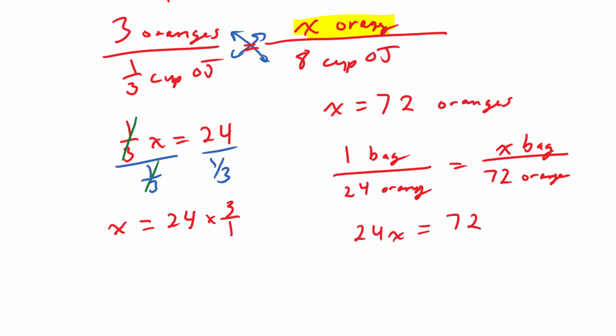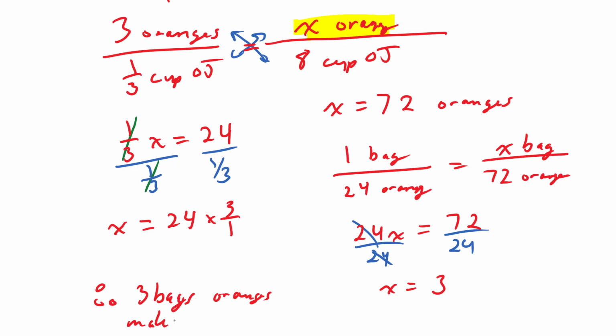Divide both sides by 24, and X is equal to 3. Therefore, 3 bags of oranges makes 8 cups of orange juice. As you can see, we're combining fractions that we learned earlier with algebra, solving for an unknown.